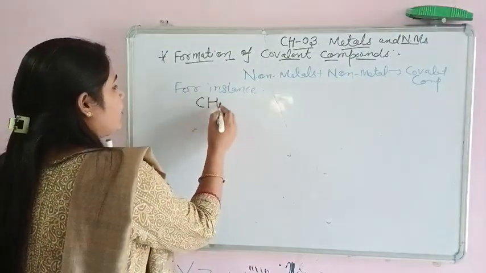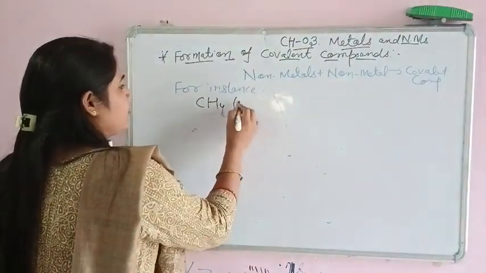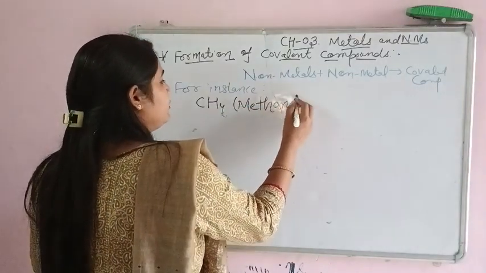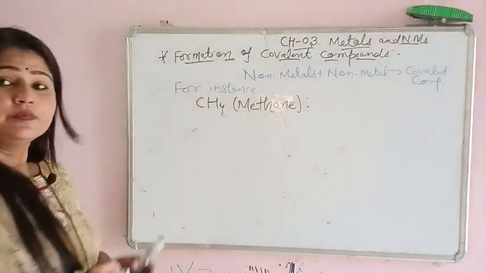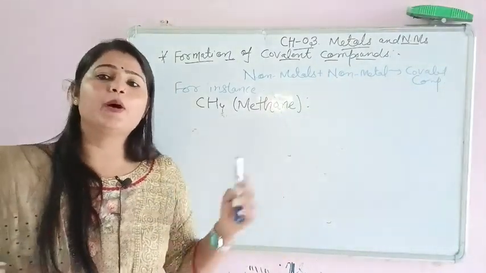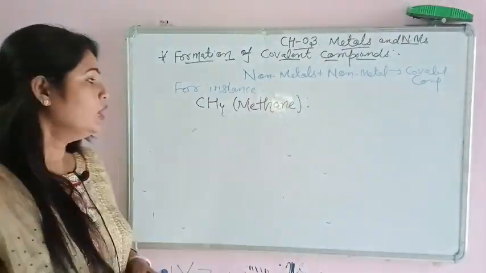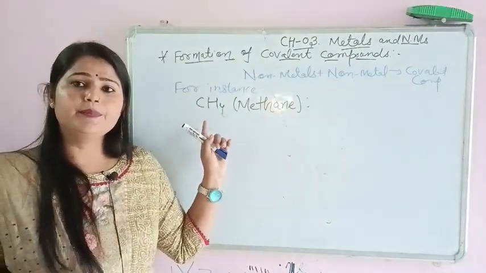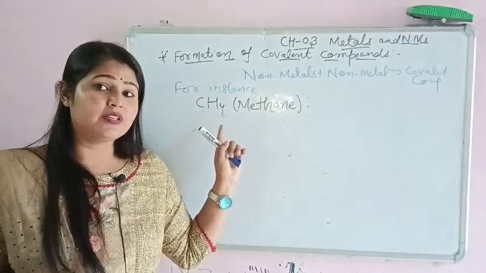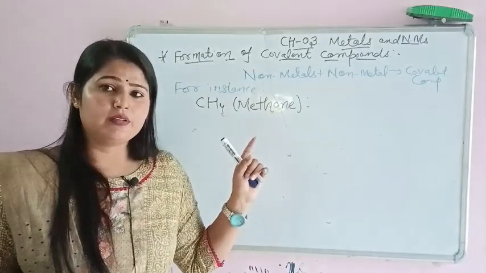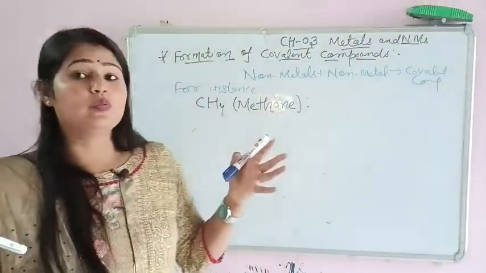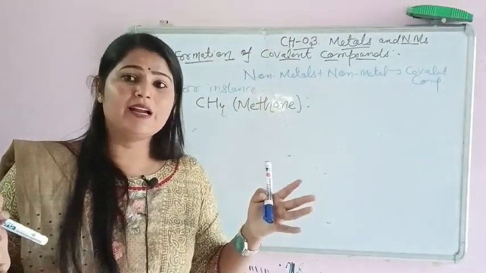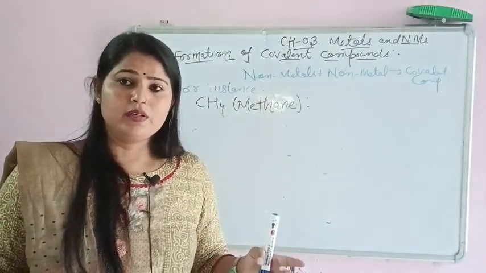CH4, and the name of this compound is methane. As you can see, one carbon atom and four hydrogen atoms are present in one molecule of methane. So we have to know the atomic number of carbon and hydrogen as well as the electronic configuration.